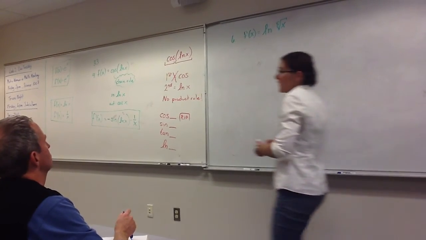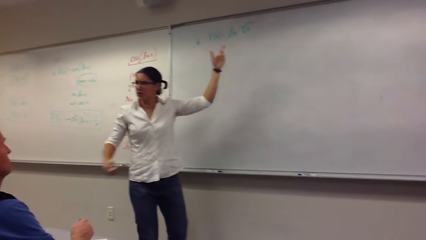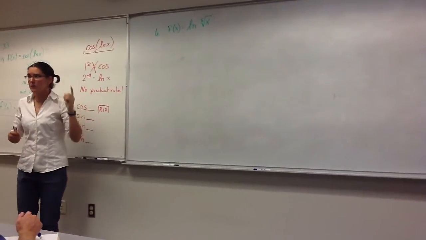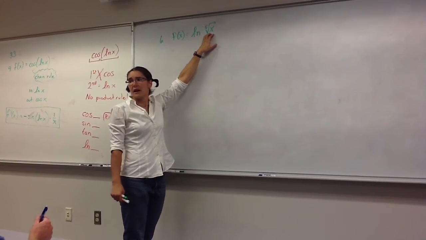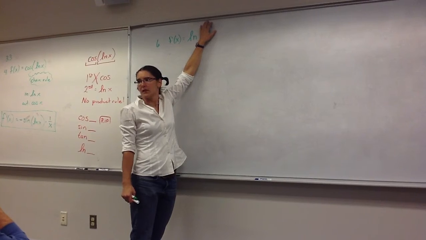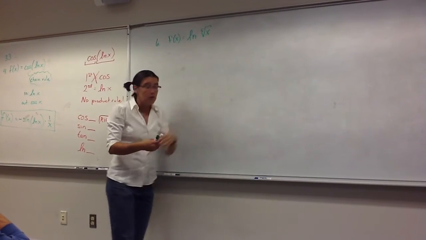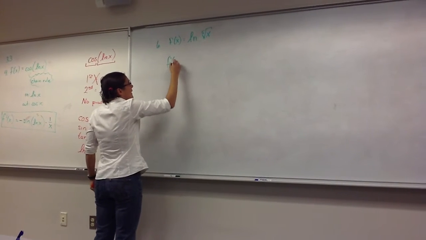Now, when I look at this function, I'm not really happy because there's not a lot of parentheses going on. Just like the last one, my first thought might be to try to use the product rule and say fifth root of x times natural log, but natural log sitting by itself doesn't really even make sense.